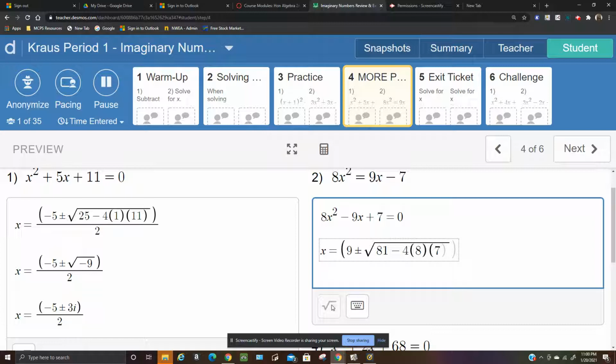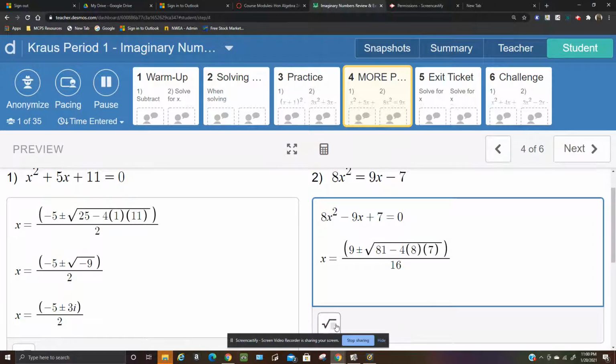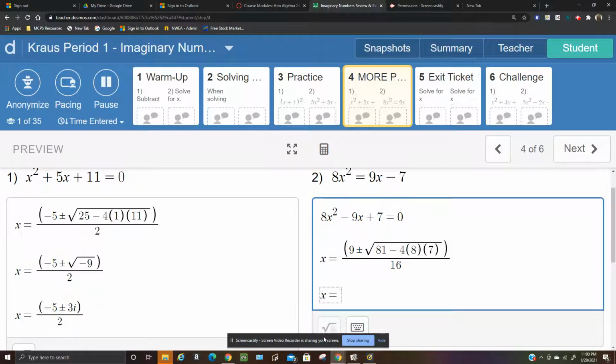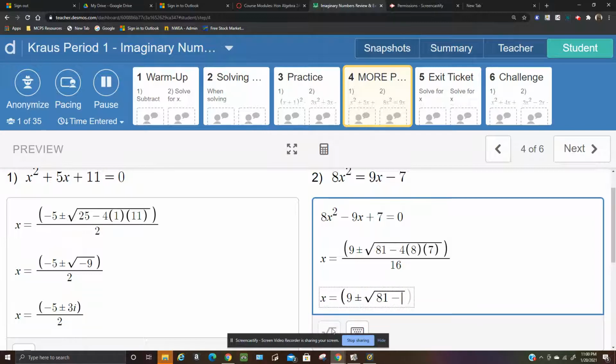And this is probably one of the ones that's the same. It's the last activity, and then divided by 16. 32 times 7, 224.